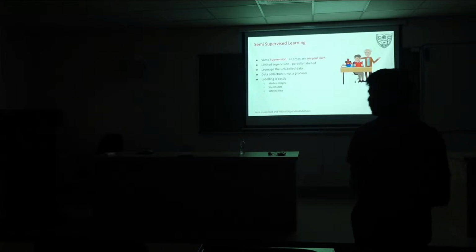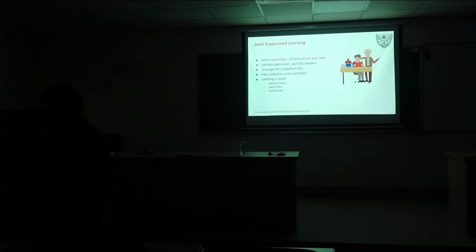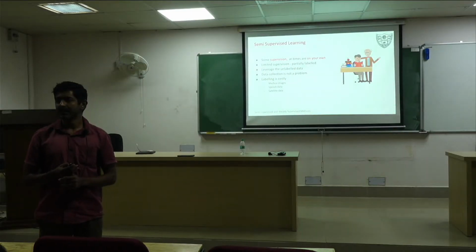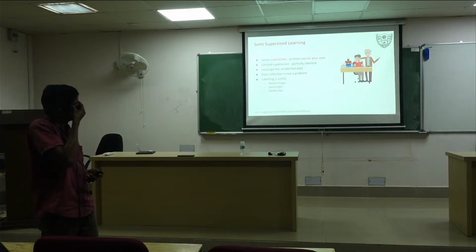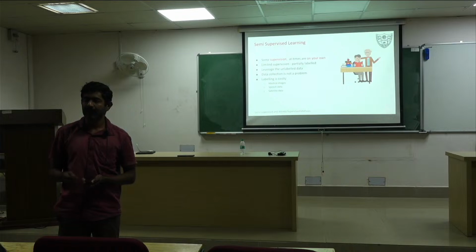So that's the setting of semi-supervised learning. The doctor will be able to sit with you and give you labels of 100 images or 200 images. The rest of the data is not labeled, right? So that is the setting of semi-supervised learning. You have medical images which are partially labeled.